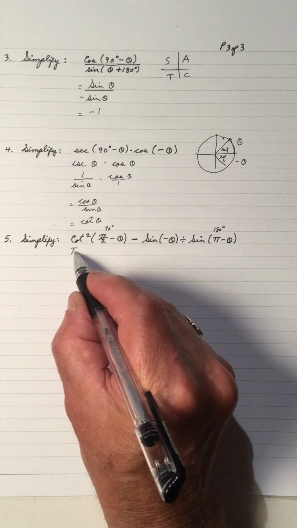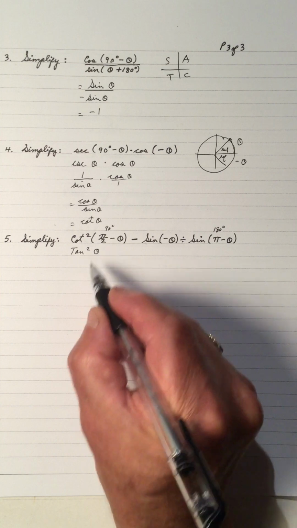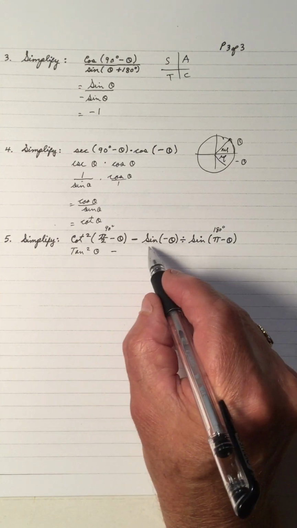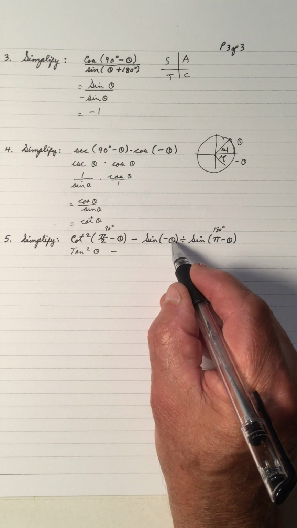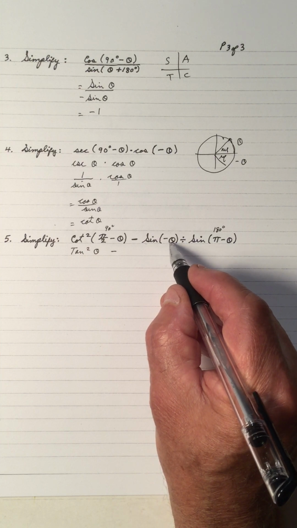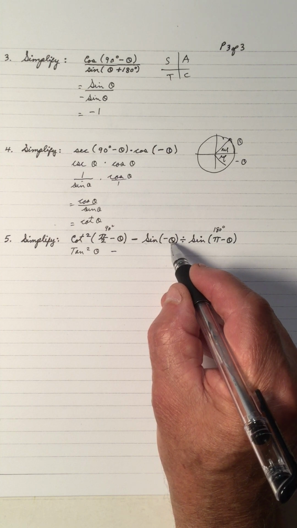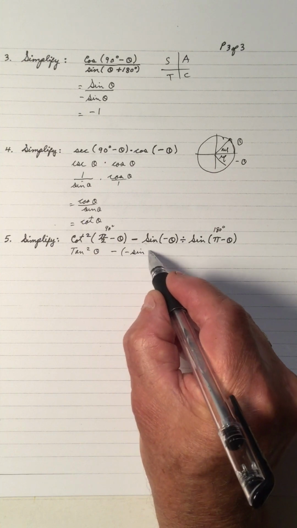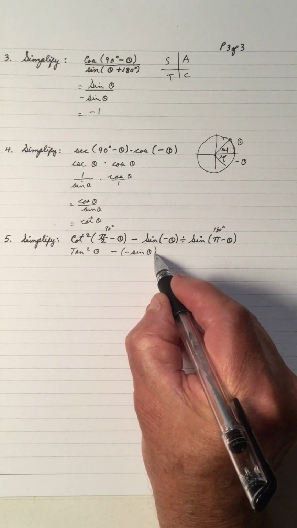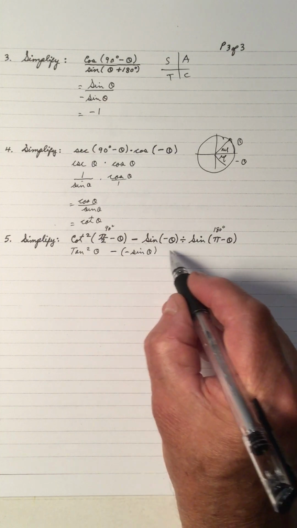So this becomes the tan squared of theta minus the sine of negative theta. The sine of theta is positive. The sine of negative theta is negative. So that's negative sine theta, and I'm putting that in brackets to distinguish this subtraction here.